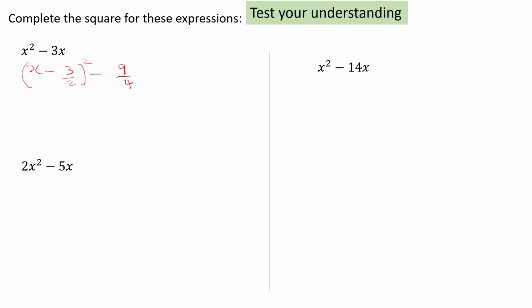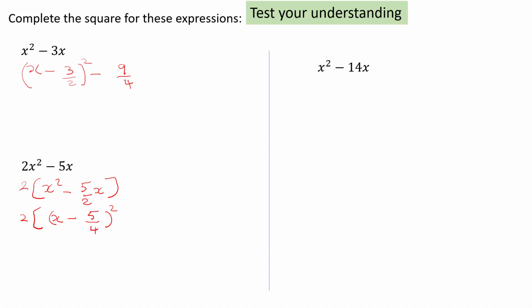Next one, 2x squared minus 5x. So before I do the completing square, I'm going to factorize, divide by 2. So take 2 out of the bracket. So x squared minus 5 over 2 x. Now I'm going to do the completing square. So 2 out of the bracket, then x minus half of the coefficient of x, which is 5 over 4.